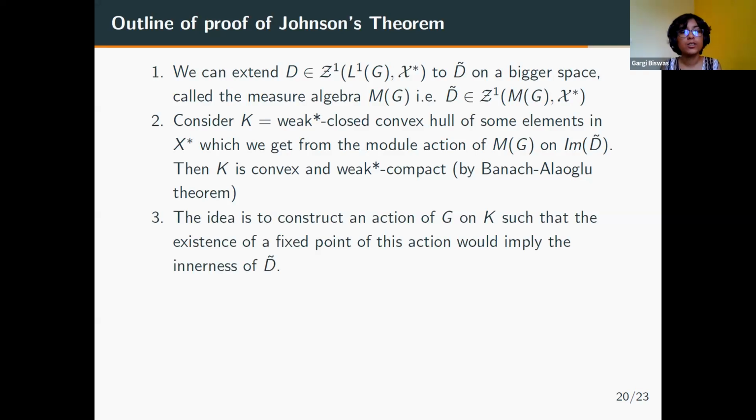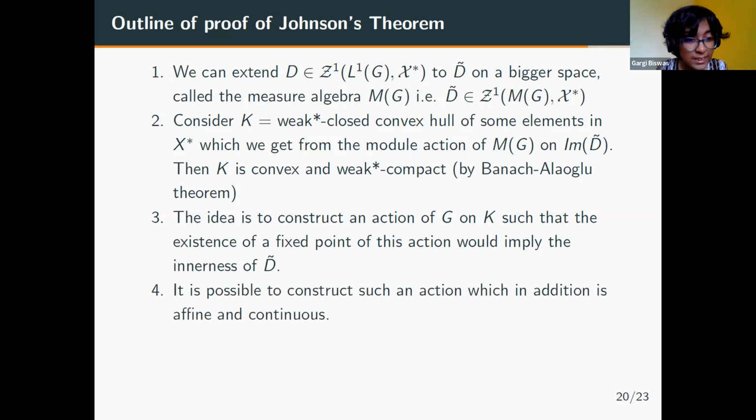Now, the idea is to construct an action of G on K such that the existence of a fixed point of this action would imply the innerness of D tilde. It is actually possible to construct an action which in addition is also affine and continuous.